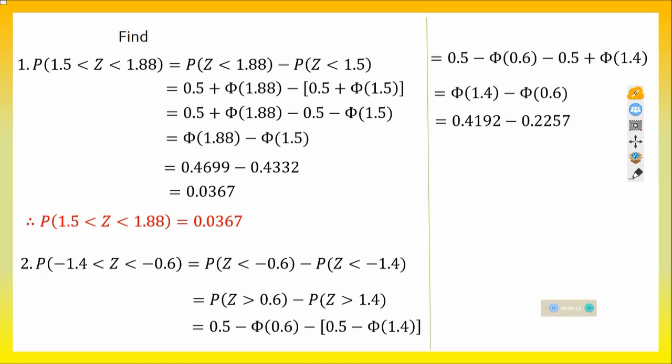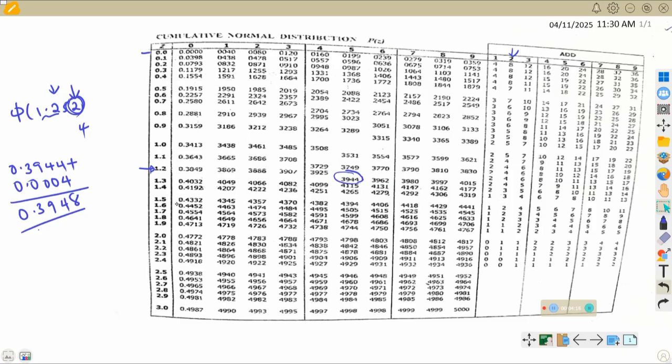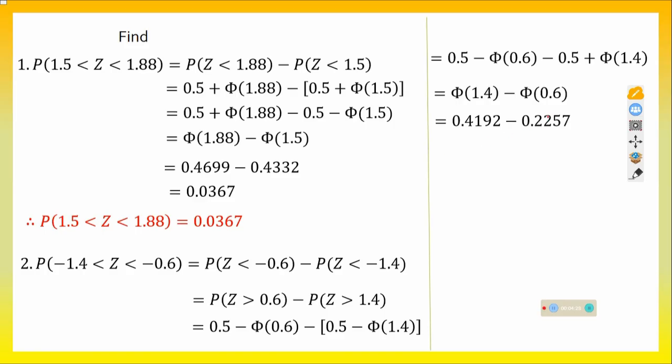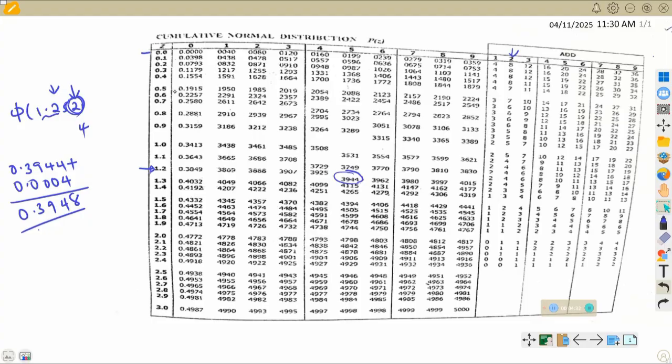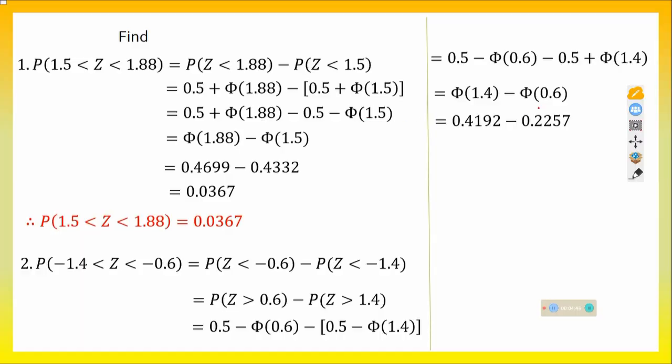Then the value of 0.6: 0.60, this is 0.2257. That is the value. So simplify that, and that will be your answer.